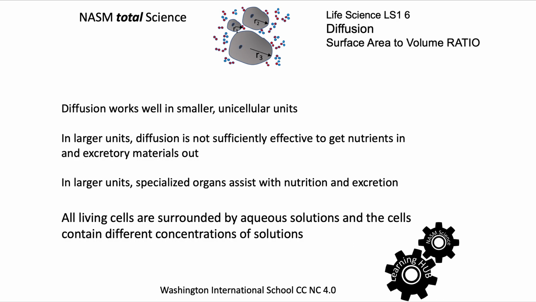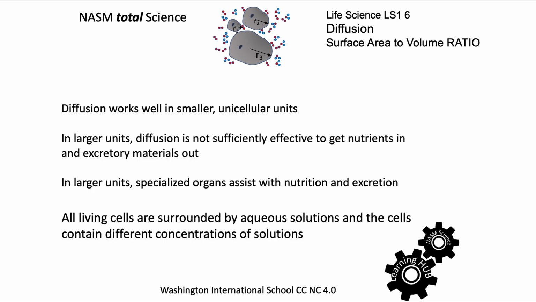So diffusion works well in smaller unicellular units. Diffusion isn't sufficiently effective to get nutrients in and excretory materials out in a manageable time. So if organisms are much larger, specialized organs assist with nutrition and excretion.